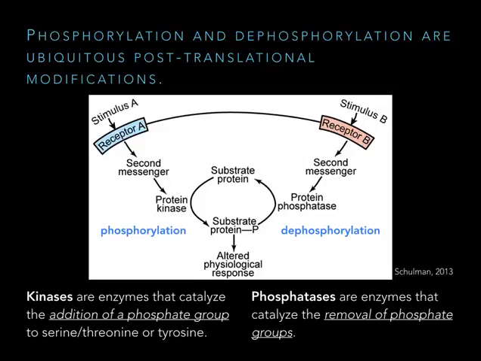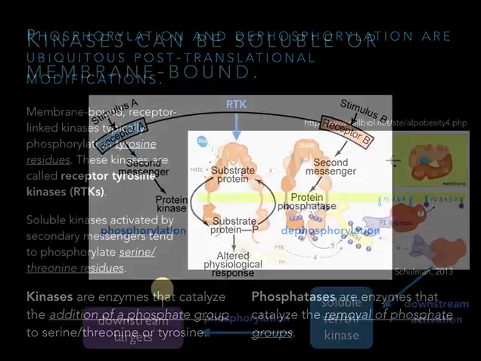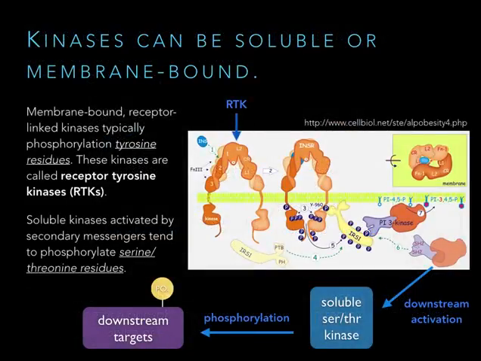So in this cartoon, we're looking at some protein that's getting phosphorylated and dephosphorylated by a kinase or a phosphatase depending on which receptor is activated. Okay, so some kinases are going to be bound to the membrane. Those would be what we call receptor tyrosine kinases.